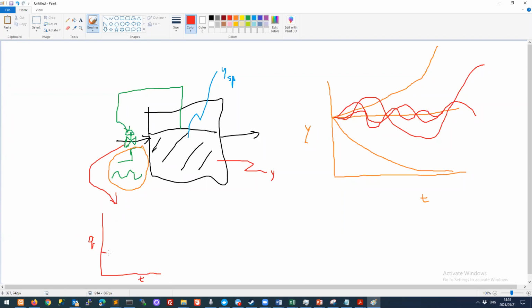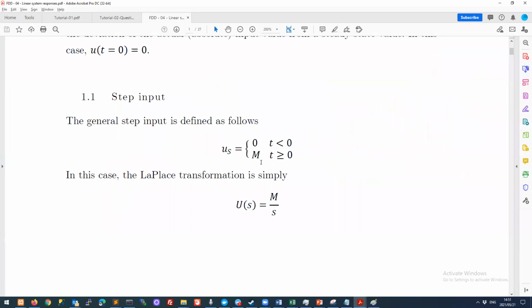Initially you were at a certain value. Then you decide at some instant in time, I'm going to push this number up to this value, and then you carry on with that. That is a simple step increase. And then we said last week, if we have a step increase like that, the associated transfer function is going to look like this. It's going to be the extent of the step. So how much did you increase by?